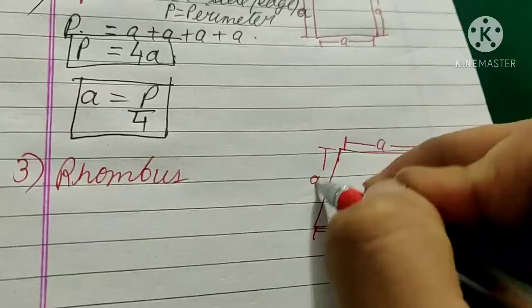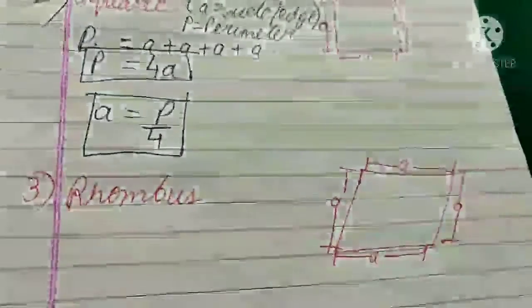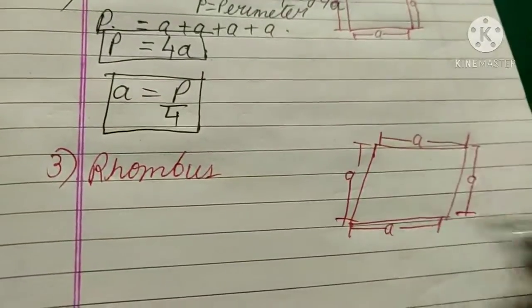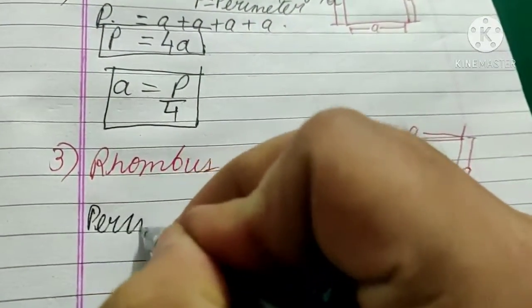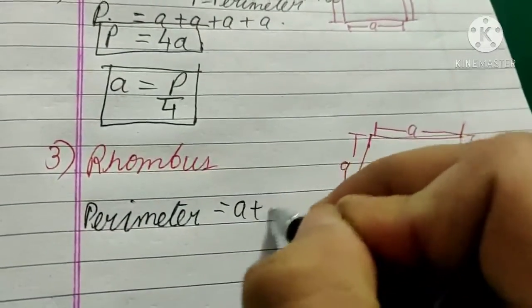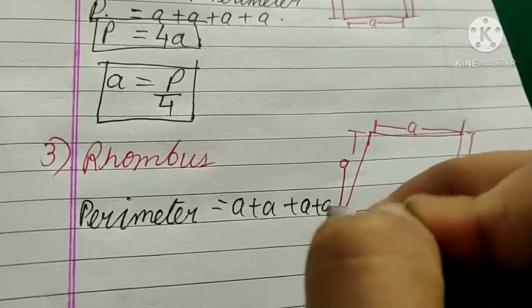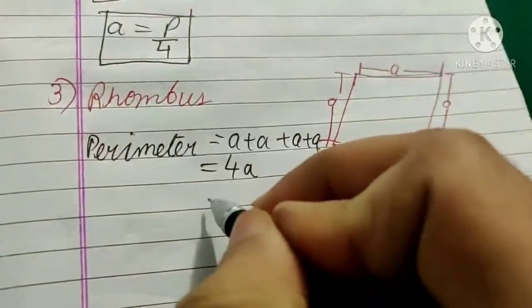So in this also all sides are equal, and again the perimeter is A plus A plus A plus A, that is 4A.